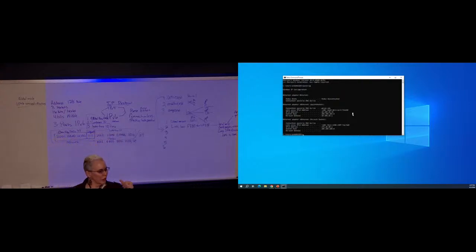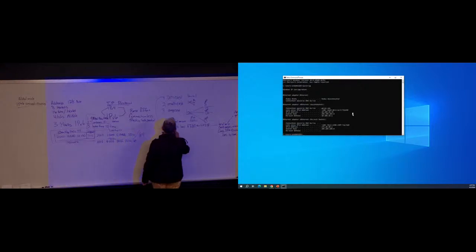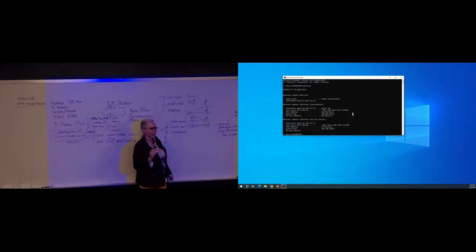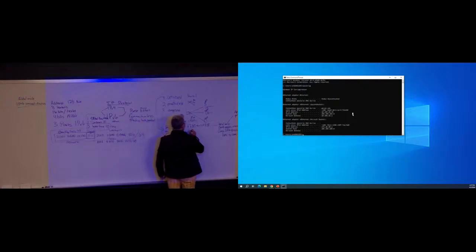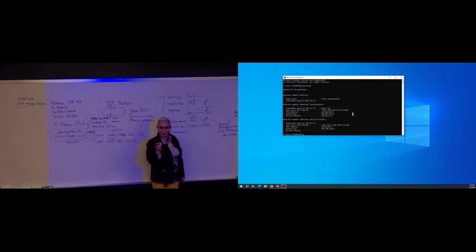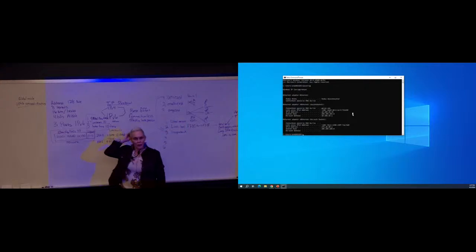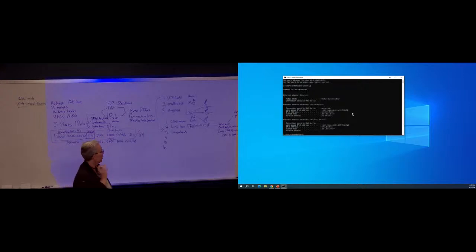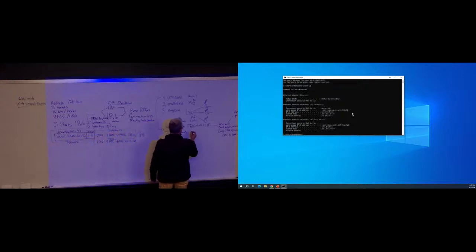Orgil, do you have one of the unicast addresses for IPv6? Yes, a loopback. And what is the loopback address for IPv6? That's for IPv4. It's ::1. So go ahead and ping that too.